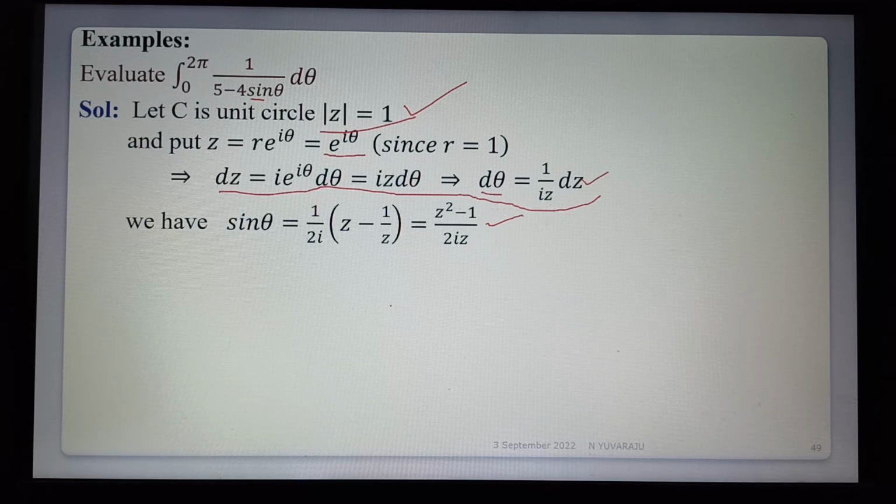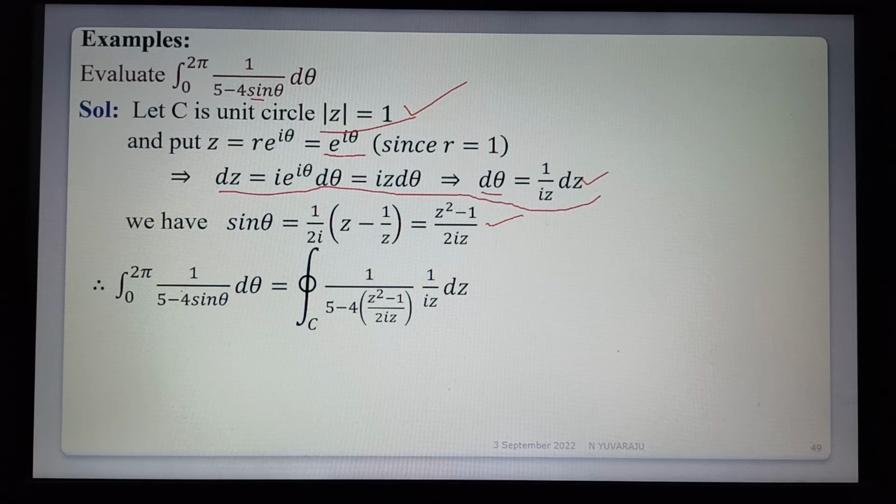So therefore, given integral integration 0 to 2 pi 1 by 5 minus 4 sin theta d theta is equal to integration over C, this is the region, and 1 by 5 minus 4 into sin theta, where sin theta is z square minus 1 by 2iz, into d theta is equal to 1 by iz into dz. So now simplification here.